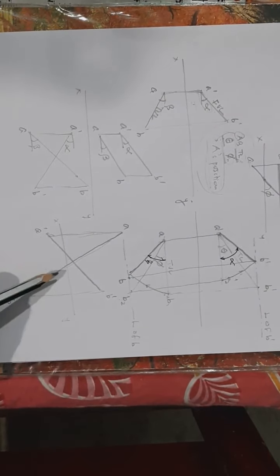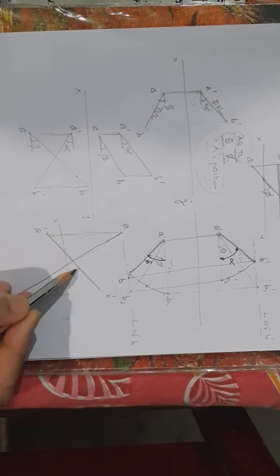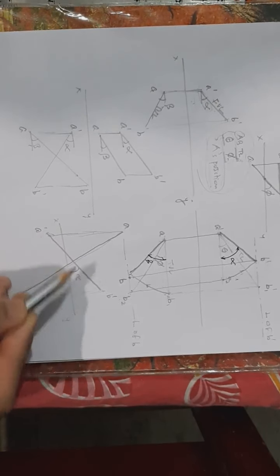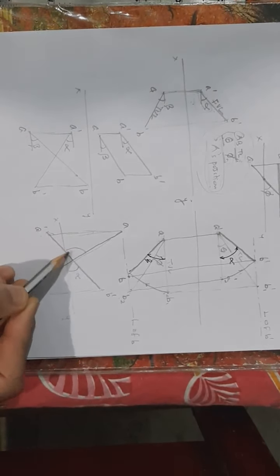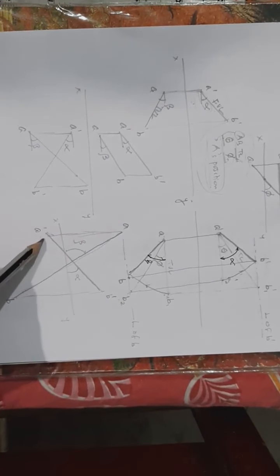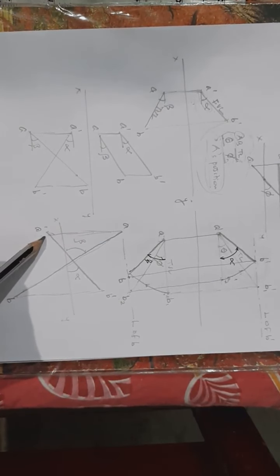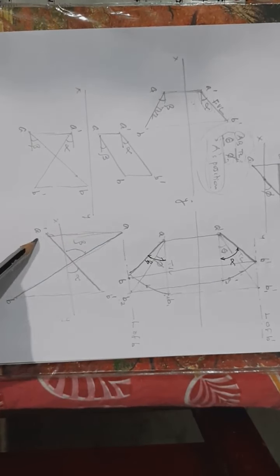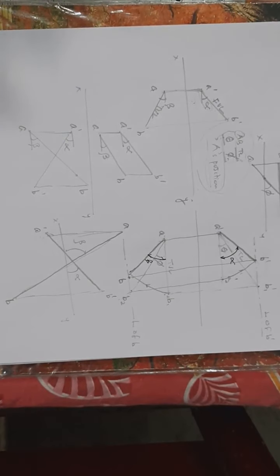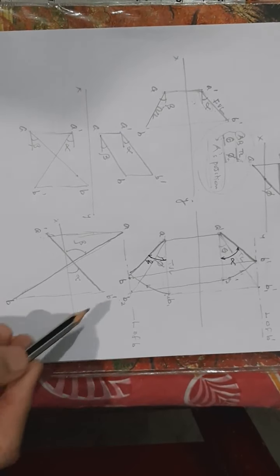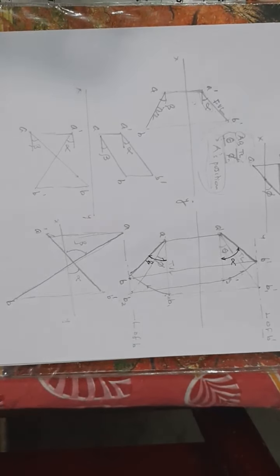Here the line is again inclined to both HP and VP. The front view's inclination is again alpha and the top view's inclination with the XY line is always beta. But for end A, its top view is above the XY line and the front view is below the XY line. That means the line's end A is in the third quadrant and end B is in the first quadrant.